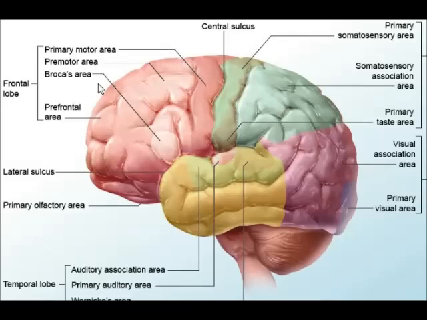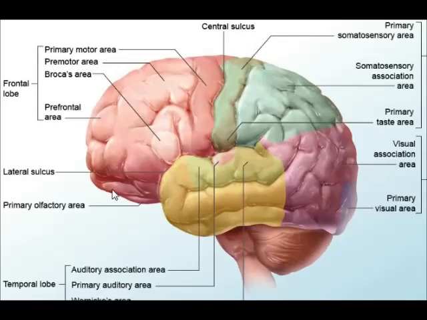You move out here and you have the prefrontal area. This whole prefrontal area in here has pretty much executive function. So this is all involved in planning, in organizing, in control over your emotions, in understanding social cues.